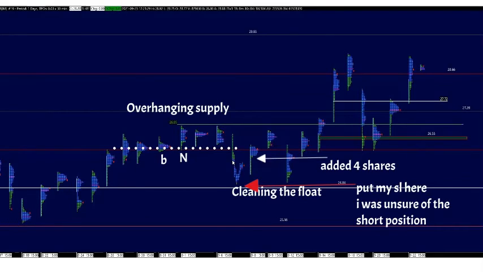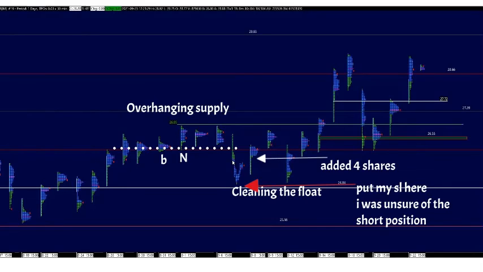So I just sat on my hands, which was really hard because I really wanted to add to this position out of the excitement from the initial position. And sure enough, it cleans the float right here where I have it marked off, right? So it does a B-shaped profile. It's a sloppy B-shaped profile, but it's still one nonetheless. And then the next day is followed by a P profile. So I get in.